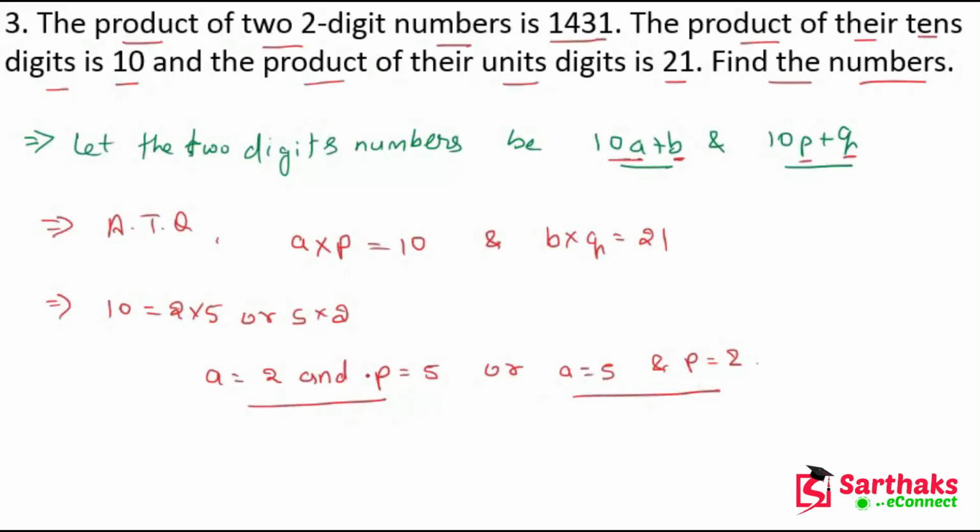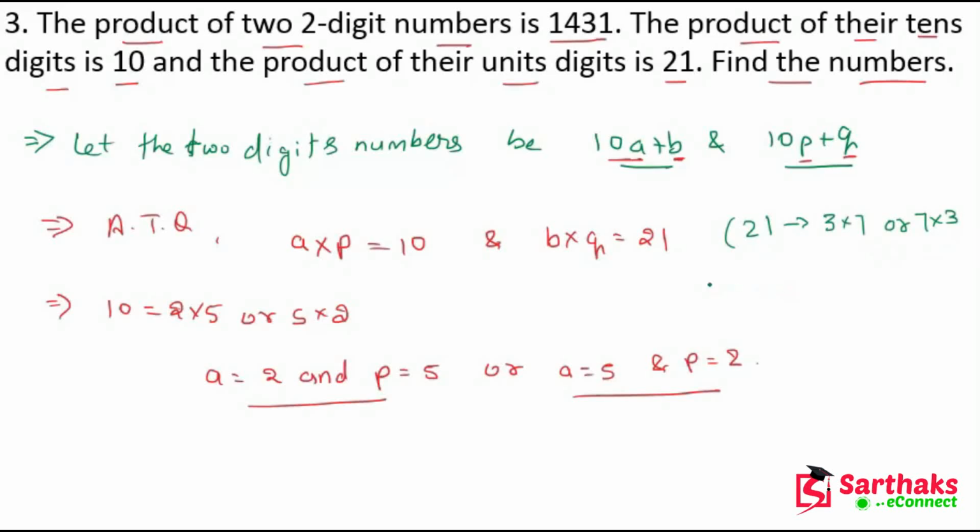Similarly, if you observe b into q is 21, and we know the factors of 21 are 3 into 7, or we can write 7 into 3. So again there are two possibilities for b and q. If b is 3, then q is 7, or the other possibility is b may be 7 and q is 3.